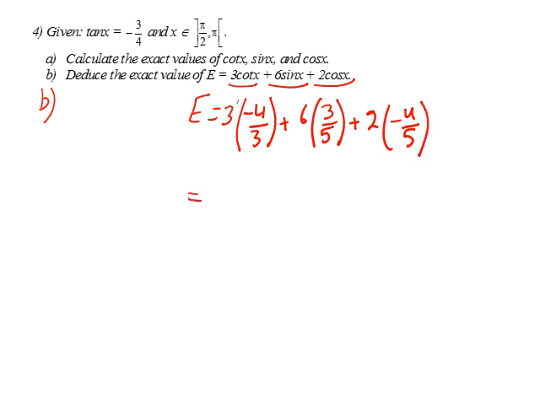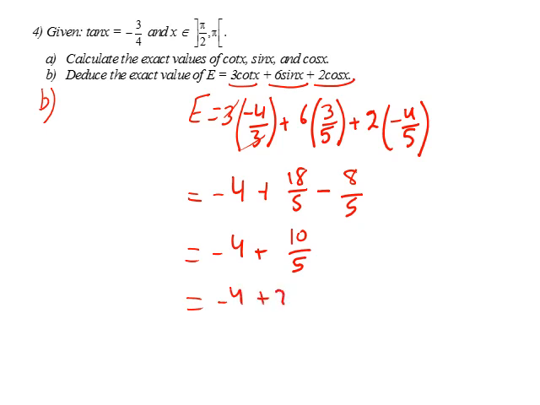That equals minus 4 plus 18 over 5 minus 8 over 5, equals minus 4 plus 10 over 5, equals minus 4 plus 2, equals minus 2.